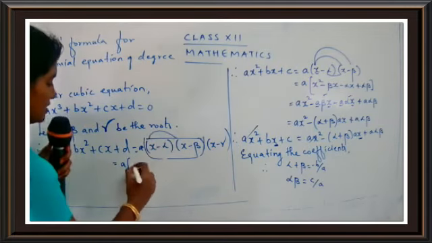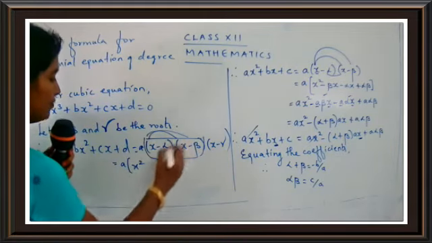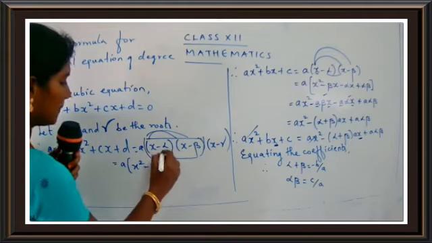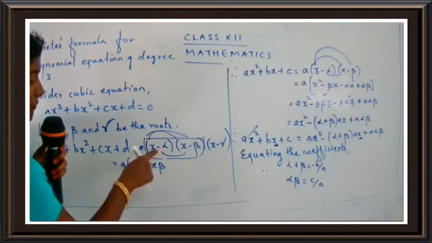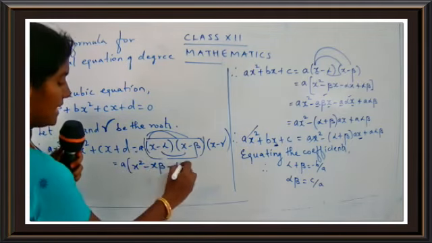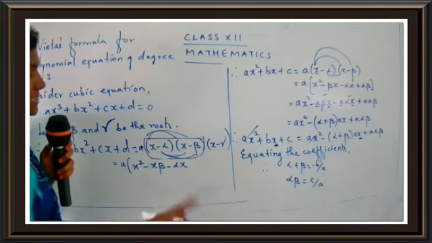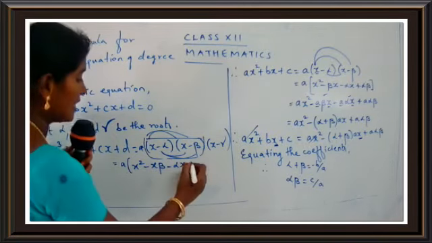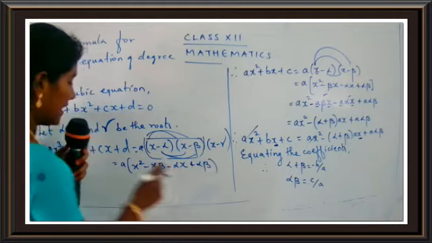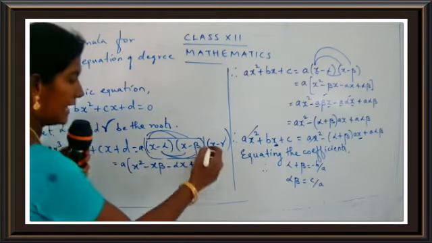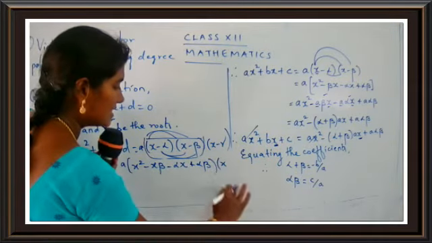So x into x, x square, x into beta, minus x beta. Then I'll go for alpha. So minus alpha into x, minus alpha x, minus alpha into minus beta, that's plus alpha beta. So I have just expanded these 2 brackets and I'll write x minus gamma as it is.